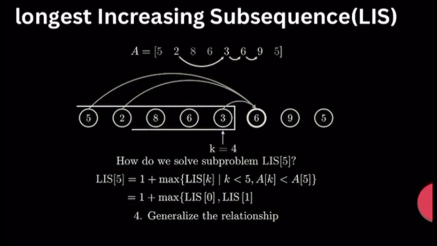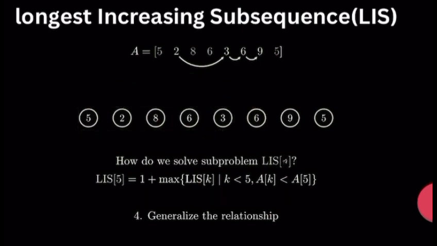In reality, there is nothing special about index 5. This applies for any n. So the general relationship for finding the solution to the subproblem of the longest increasing subsequence ending at index n is 1 plus the max over all k less than n where the value at index k is less than the value at index n. Now we are ready for the implementation.